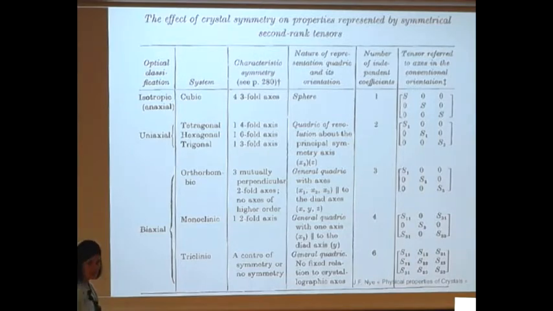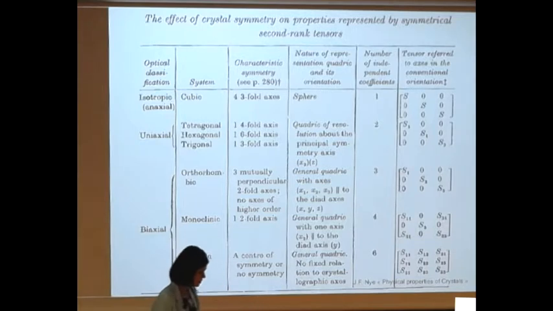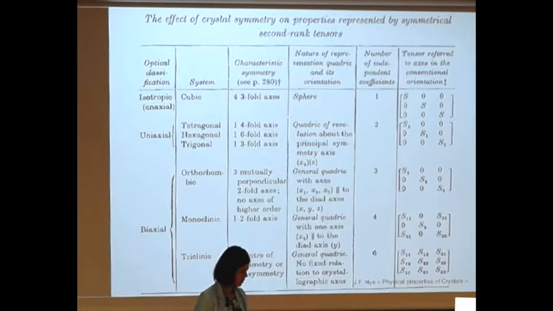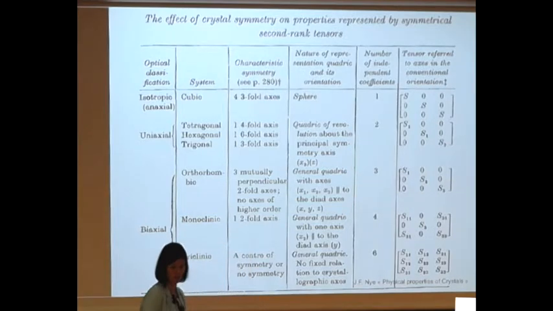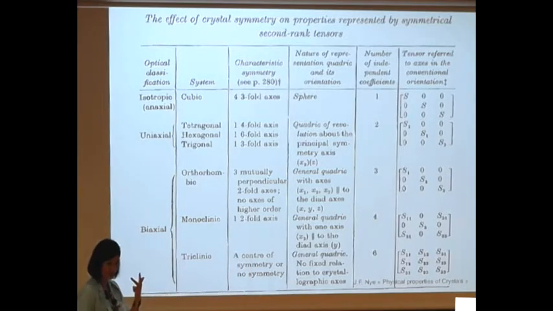And in the triclinic system, because we have symmetry 1 or inversion, and inversion makes your tensor symmetric around your diagonal, you have 6 coefficients. So if you have an orthorhombic material and ask what your resistivity or conductivity is, I hope you will think that you have 3 different conductivities or resistivities, and it depends along which direction you are. There is no one value, there are 3 values.